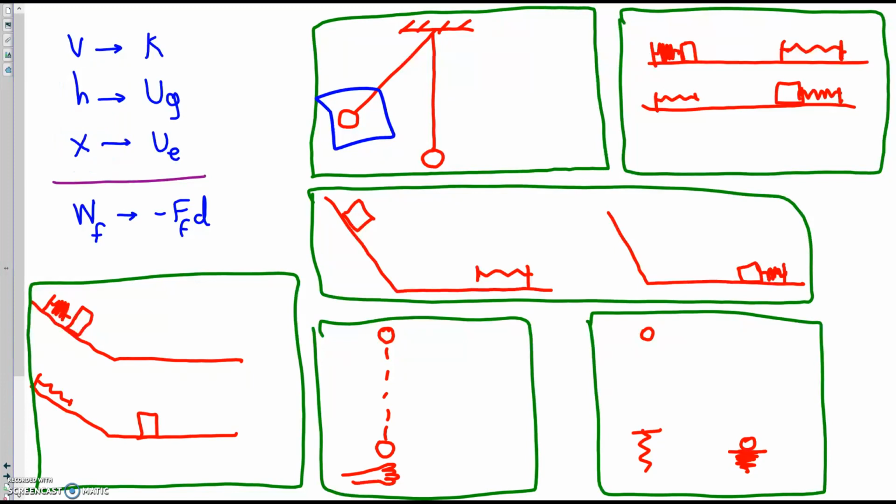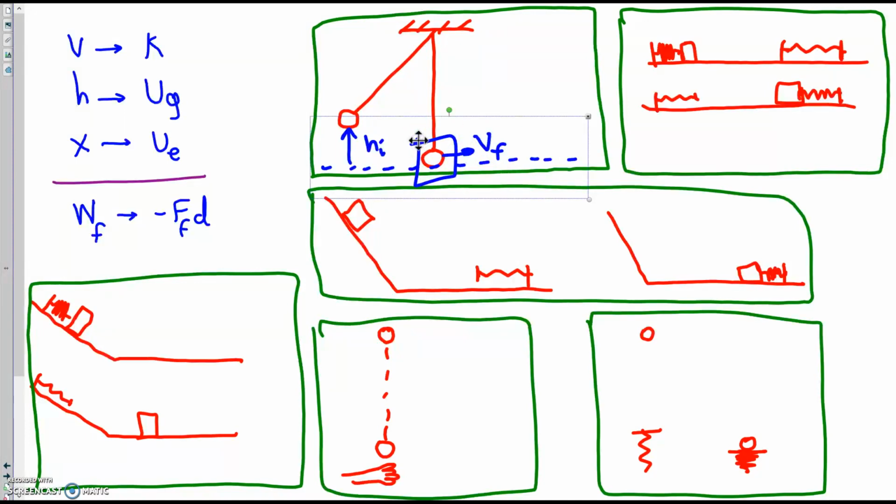So all we have initially is height. And at the end, we have reached the bottom, the 0 level, so there is no height. There's no compressed spring, but there is speed. It's moving now, so we've got some speed, V final.